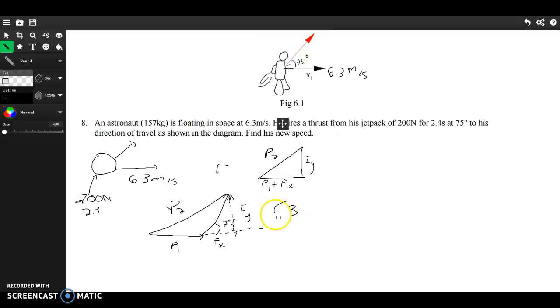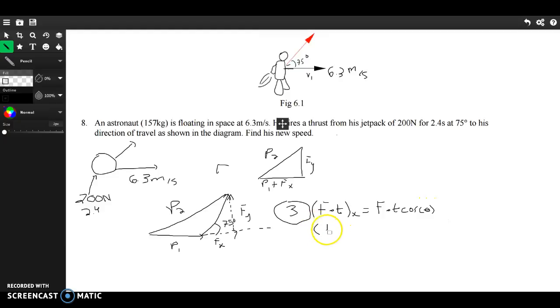So now let's go to step 3. I'm going to write two things down here, and then I'll explain them afterwards. So you have F times T of x equals F times T cosine theta.